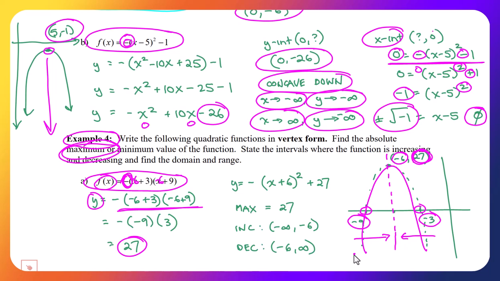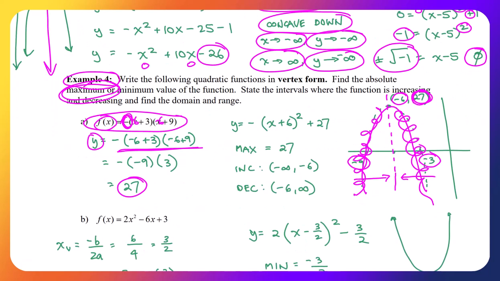It's increasing from here to here. It's decreasing from here to here. So increasing on the left from negative infinity to negative 6. And from negative 6 to the right, the graph is now going down, or decreasing. Okay?